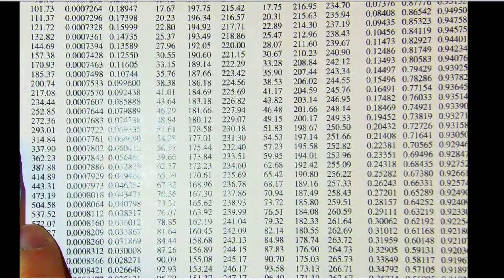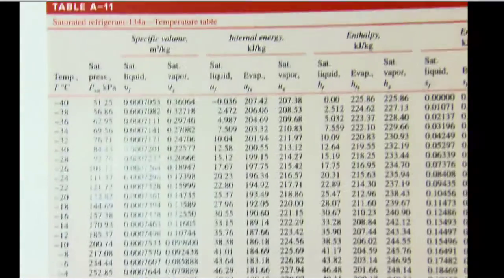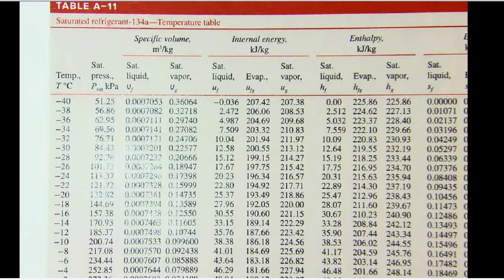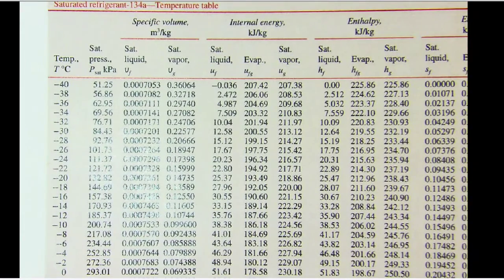If you go to a temperature of 0 degrees, this table A11, I see that my saturated pressure is 293.01. And our pressure is below that. We're at 100 kPa, so that means we're in a superheated vapor state.